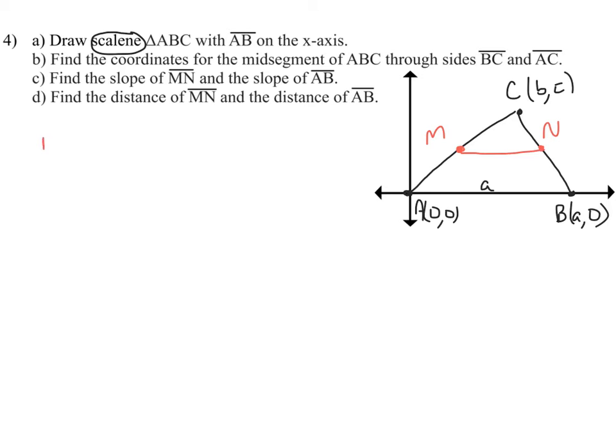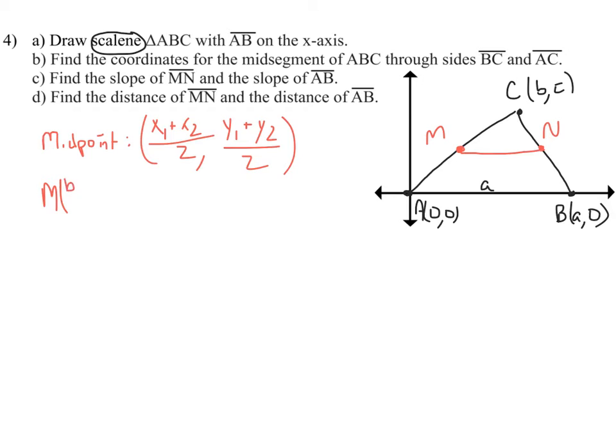Well, the midpoint formula is where we add our x's together, divide by 2, and then we add our y's together, divide by 2.